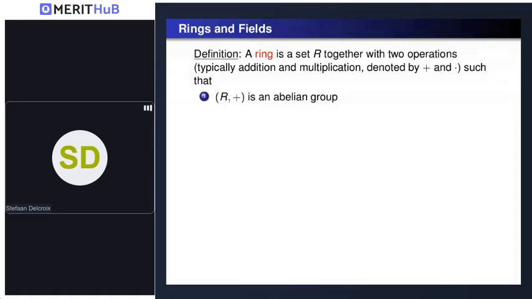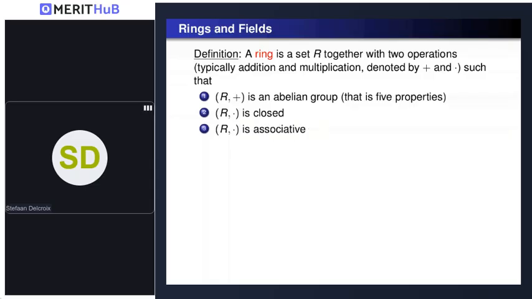First, under addition, you're perfect. So the addition, you've got to be in an Abelian group. Remember, that's really 5 properties. The addition has to be closed, associative, commutative. There has to be an identity element, and every element must have an inverse. The multiplication, you only require 2 out of the 5 properties. The multiplication should be closed and associative. Right?